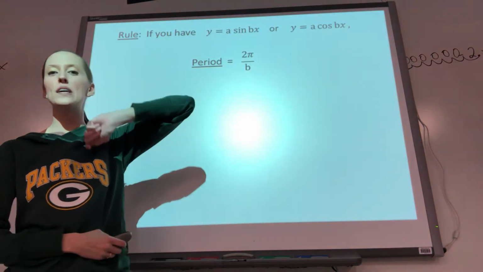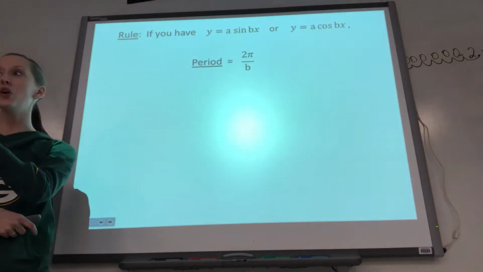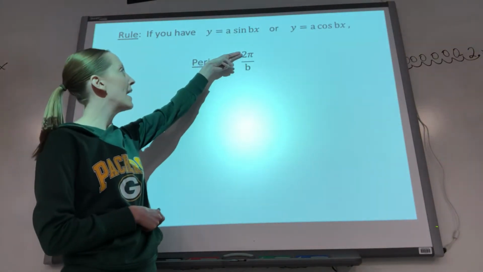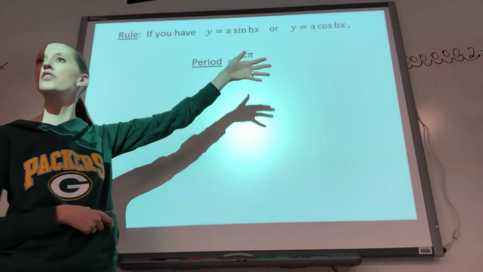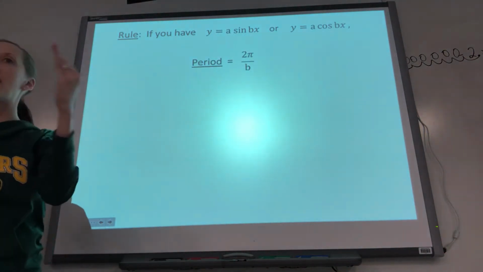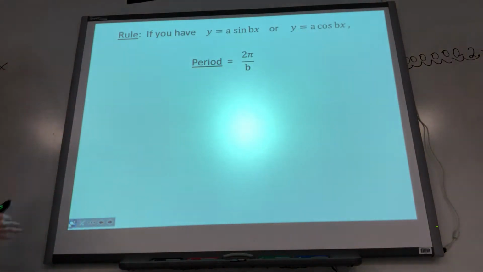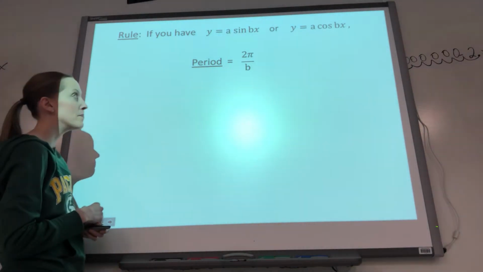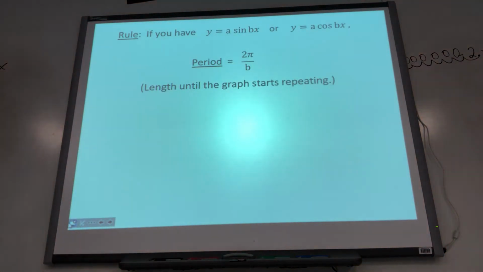If you go back to example 1, the number in front of x was 2. So 2 pi divided by 2, the 2's would cross out and you'd just be left with pi, and that was the distance it went until it started to repeat. So period is 2 pi over b. Now, I went ahead and put back up here just kind of a quick little reminder about what the period actually is.